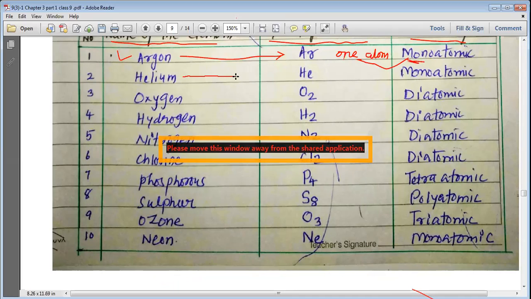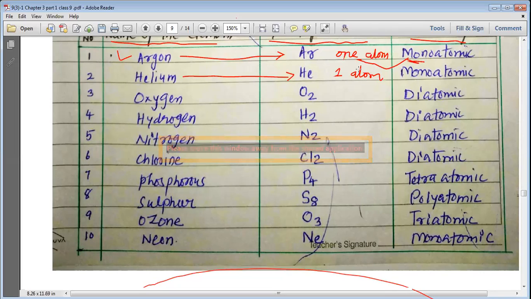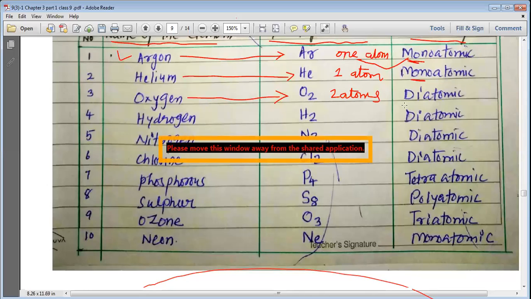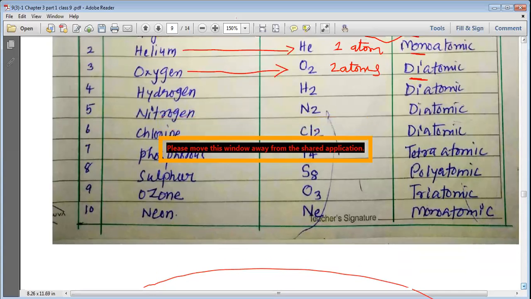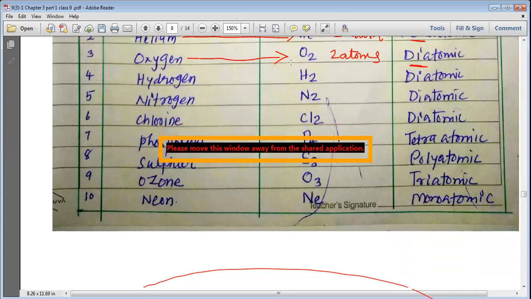Even in the case of helium, it also has one atom, and that is why helium is also monoatomic. But the molecule of oxygen is O2, so it has two atoms, and that is why oxygen is diatomic. When the molecule is made up of one atom, it is monoatomic. When a molecule is made up of two atoms, it is diatomic.